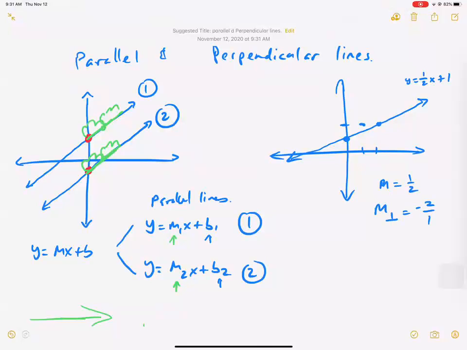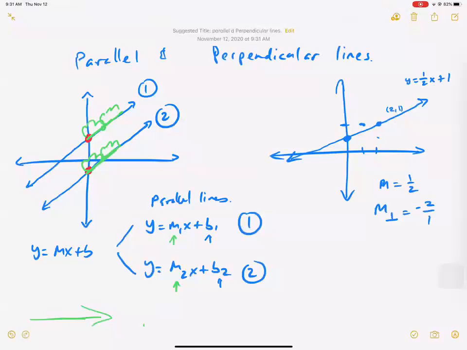So let's pick 0, 0, and we're going to do negative 2 over 1. Actually, no, let's pick one over here. Let's do 2, 1. Okay. I'm going to draw a perpendicular line by following the slope, negative 2: down 2, over 1.